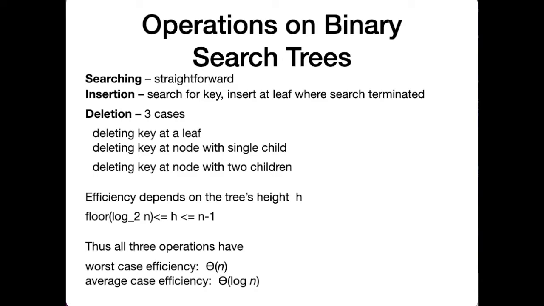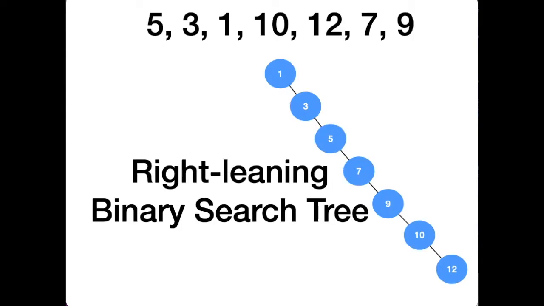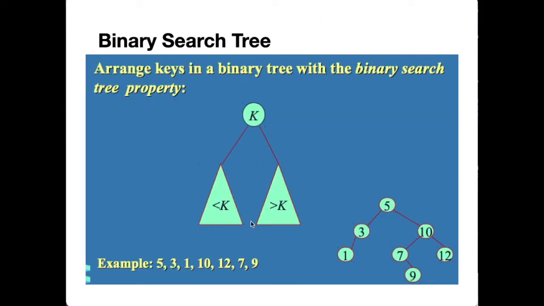So, just to give you an idea for searching, kanina, we are looking for item number 1. And to search for item number 1 in the given binary search tree, ang ginawa lang natin is to traverse the tree from root node to the location. If hindi siya nag-exist, for example, if we will look for item number 2, okay, 5, less than 5 si 2, okay, 3, less than 3 si 2.